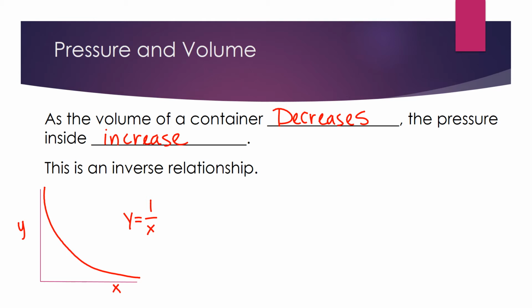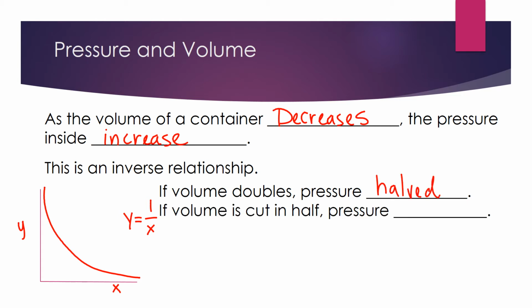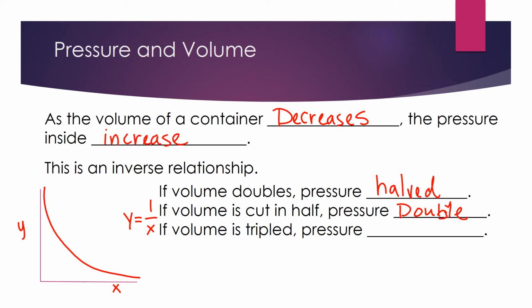If it's an inverse relationship and the volume is doubled, that is an increase in volume, so the pressure will be cut in half. If the volume is cut in half, then the opposite will happen to the pressure: the pressure will double. Finally, if the volume is tripled, the pressure will go to 1/3 of its original amount.